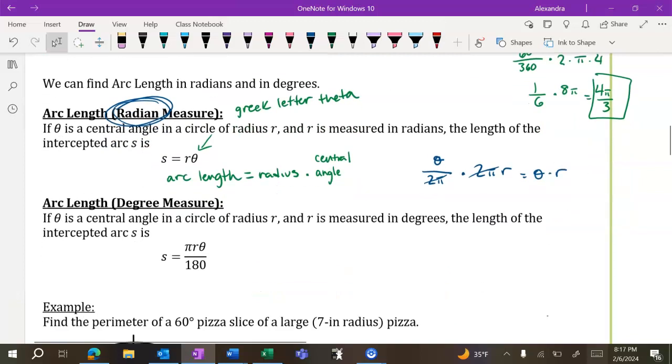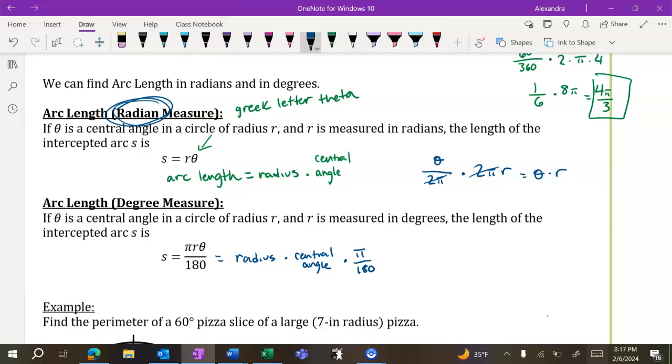And if we wanted to use that same equation in terms of degrees, I still have my radius times my angle, and then I just have that times pi over 180, which if we remember, that's how we convert between degrees and radians. So that's where that's coming from.